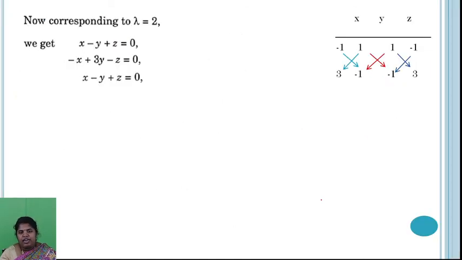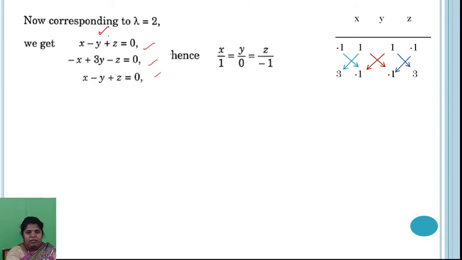Now corresponding to lambda equal to 2, in the place of lambda replace 2. We get these 3 equations. Since the first and third equations are the same, we consider the first and second equations. To find the values of x, from the second term onwards, write the coefficients: minus 1, 1, 1 and minus 1.